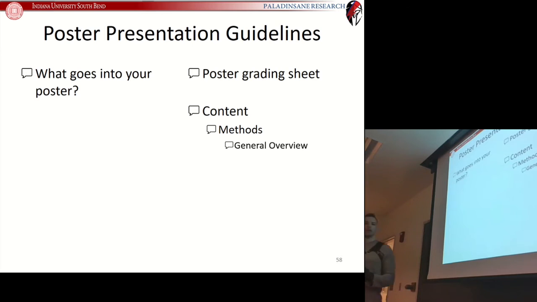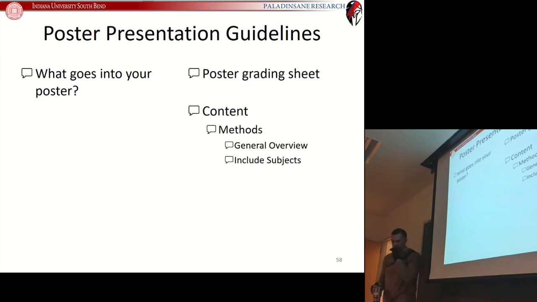Method section. You're going to want a general overview, and this is going to include subjects. Unlike your URC presentation, where you should mention your subjects, people like to know how many subjects did you use. For your poster presentation, absolutely have the subjects on there. And I should have updated this for corpus analyses.